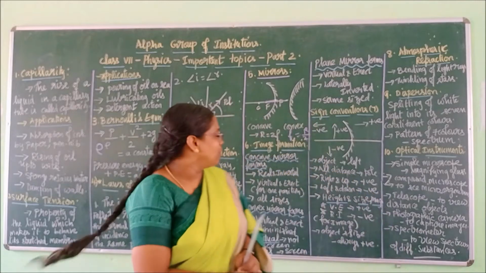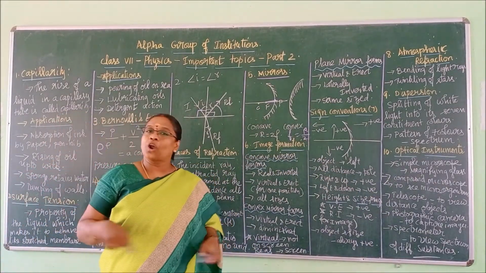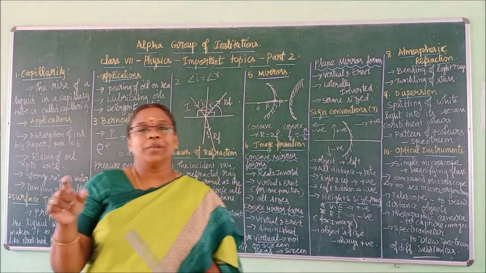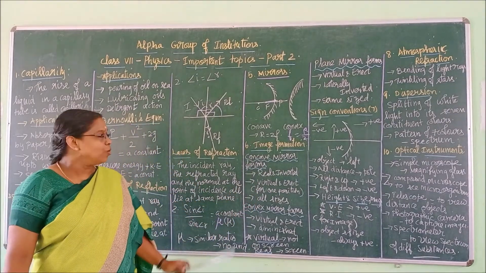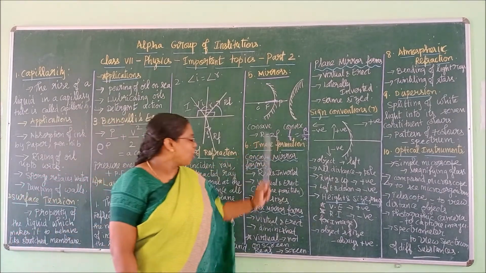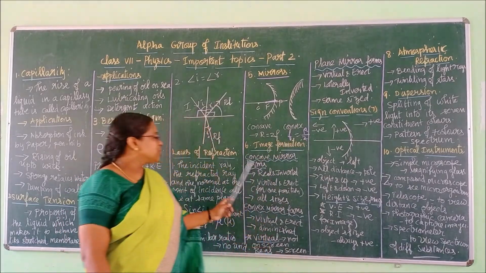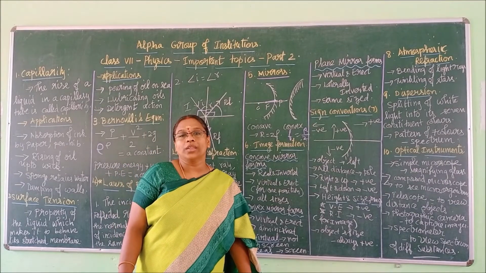Right? Next, we are moving to image formation. We have written one tabular column. Do you remember, children? The tabular column will explain image formation. That is what we are going to explain now for 3 types of mirror: concave mirror, convex mirror and plane mirror. First we will move with the concave mirror. What are the images formed by a concave mirror?